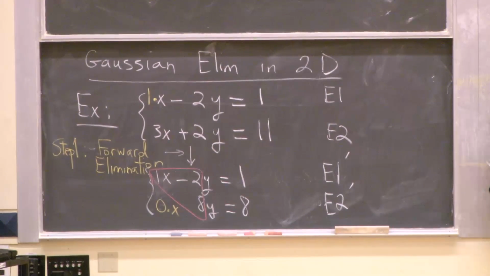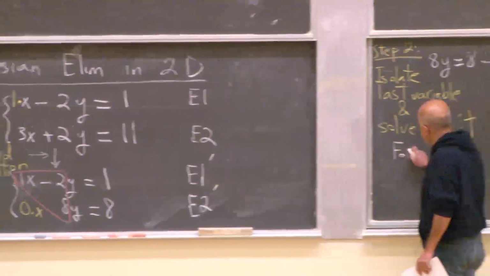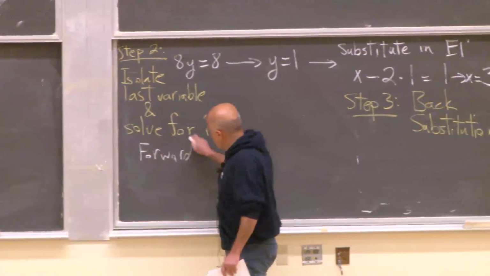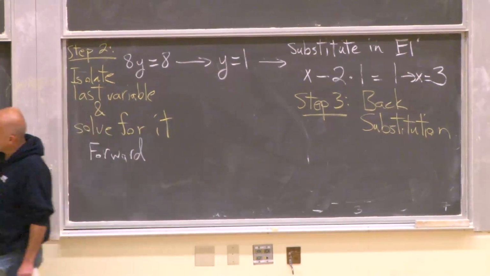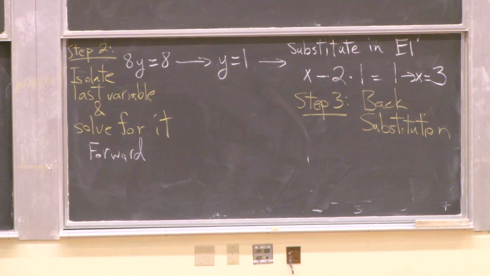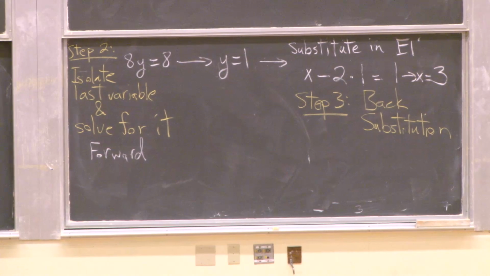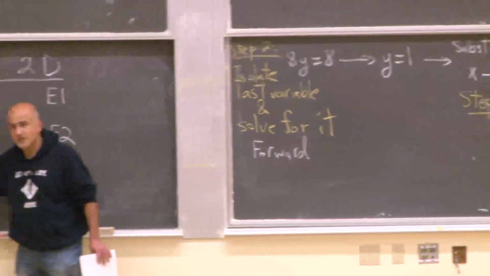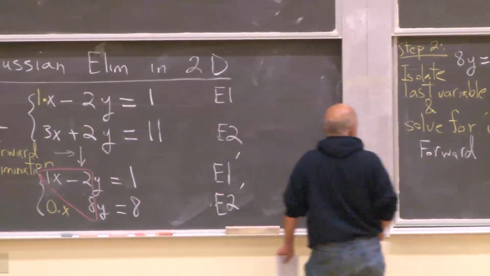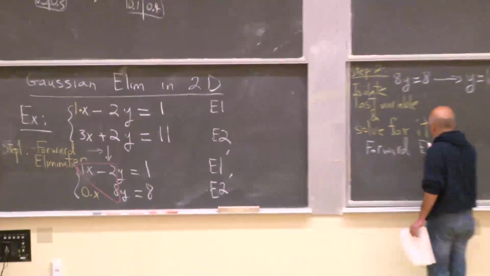I'm going to let you play with it for a little bit before I hash it out myself. Because in the 2 by 2 case, it shouldn't be that hard to see how I went from here to here. Why don't you talk to your neighbors and see if you can figure out what that forward elimination step was.